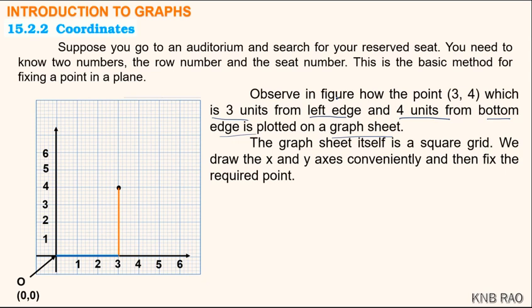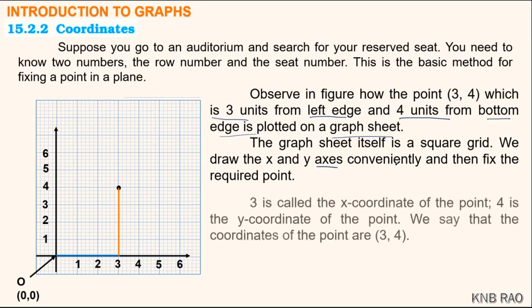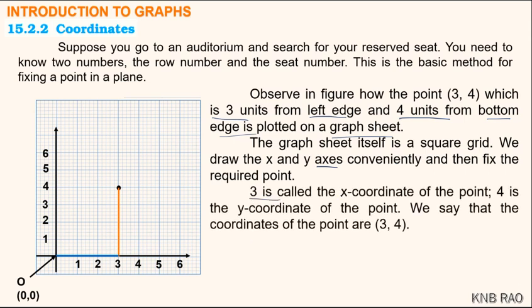We draw the x and y axis conveniently and fix the required point. 3 is called x coordinate of the point and 4 is called y coordinate of the point. We say that the coordinates of the point are 3, 4. Okay. Now, we will go for plotting the points on a graph sheet.